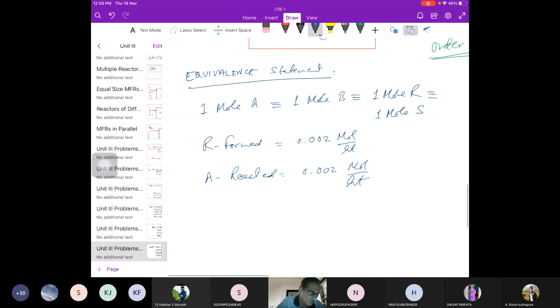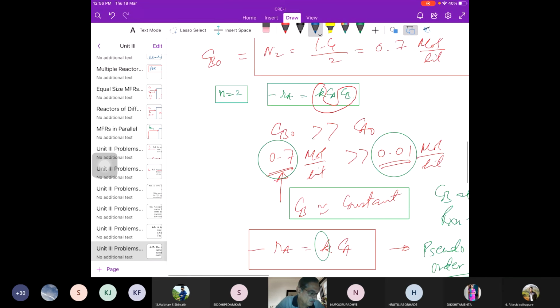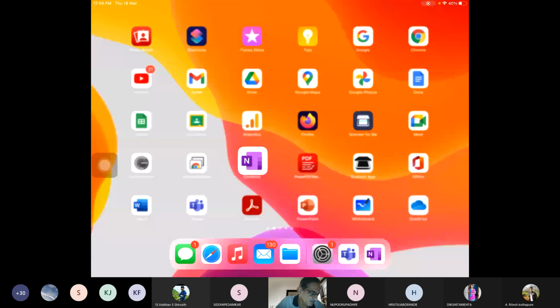Okay. So if I know A reacted and I know Ca naught is equal to 0.01 moles per liter, can I find out Ca1? Yes, sir. What is Ca1 then?